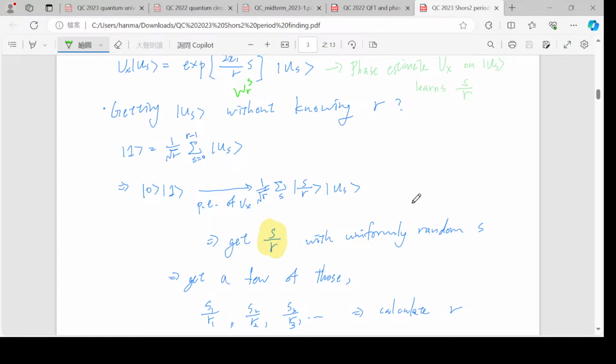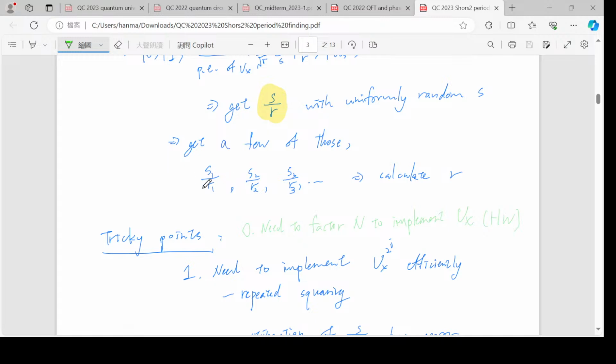So we will get s over r with uniform random s. We'll later see in more detail, but we will get a few of those, so s1, s2, s3, and then we get s1 over r, s2 over r, etc. From those fractions, we can calculate r.